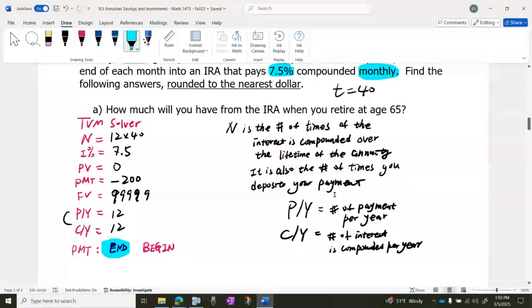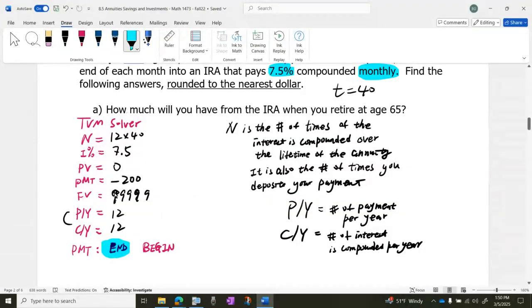Every semester this happens: a student asks me, everything is the same with mine, but the result is different. I say check the last row. Check whether you are using ordinary annuity or annuity due. We only talk about ordinary annuity, so you need to have END selected. Oh, then fix this and the result is the same, right?